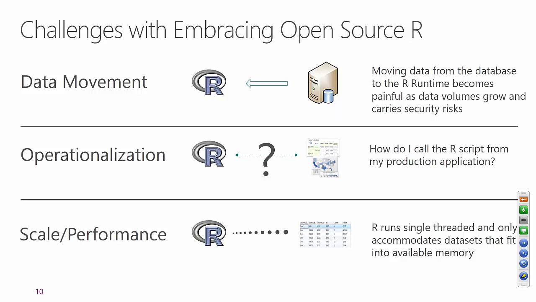And then last but not least, if you're looking for scale and performance, R has its limitations. R is single-threaded. It accommodates data sets that only fit into memory, which is a big limitation. So these are the main big challenges in enterprises today with being able to use open source R.